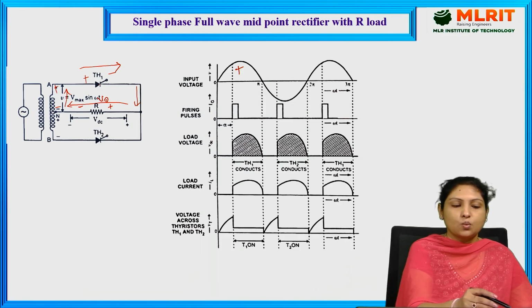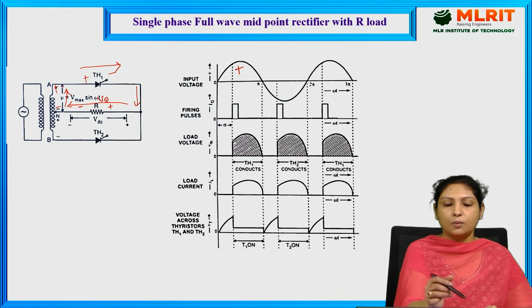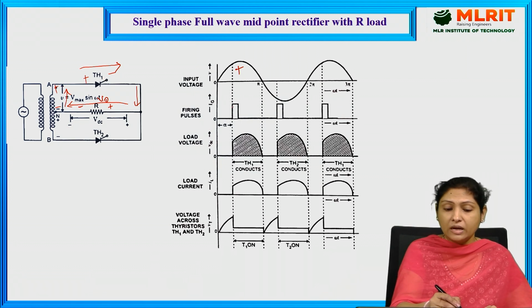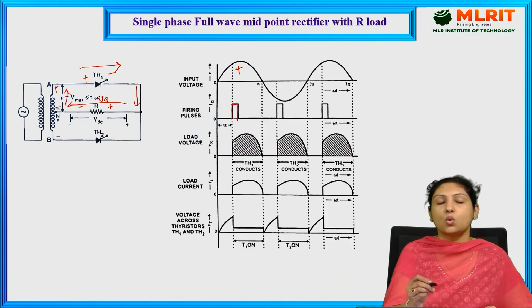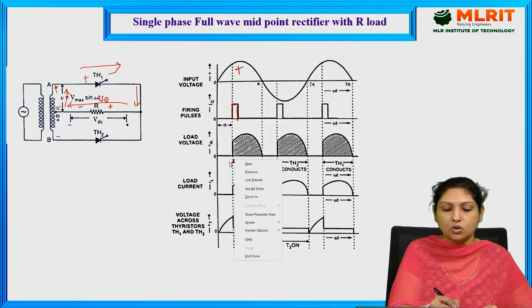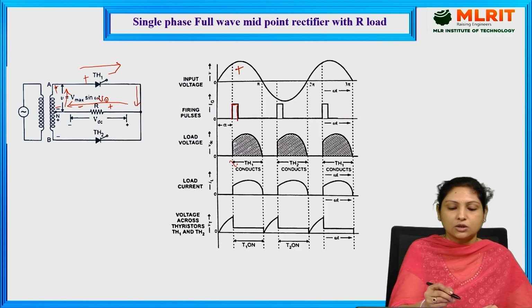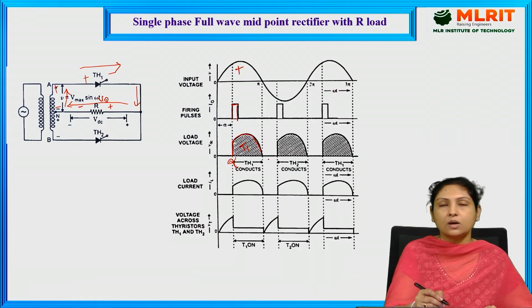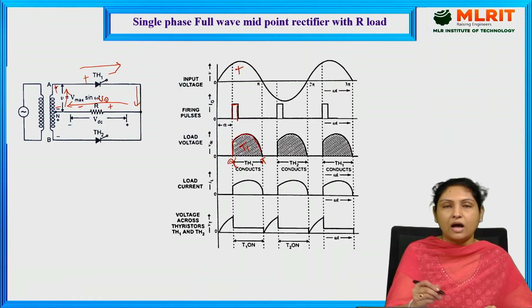Immediately when the positive half cycle appears, T1 is forward biased, but only at the moment we provide the gate triggering pulse does it start conducting. So thyristor 1 is conducting from the instant alpha to pi, and that is how we get the output voltage from alpha to pi.